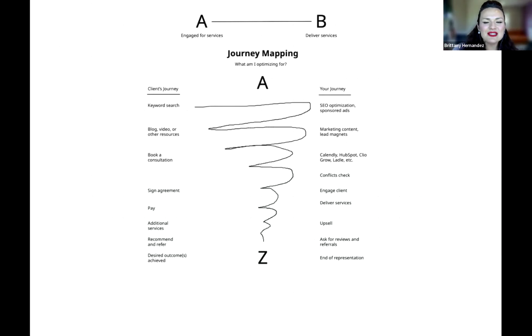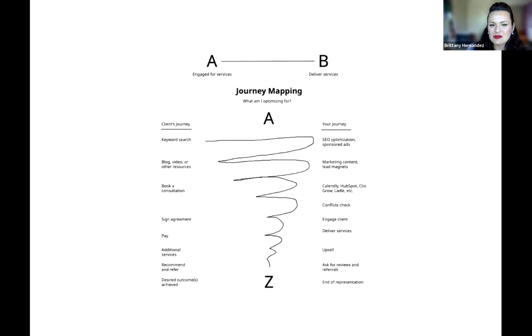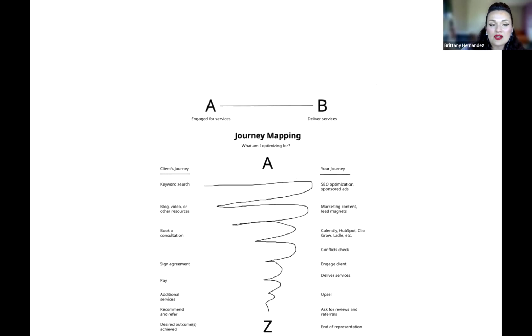Perfect. So the reason why I think about it as a spiral is when I first thought about how we can think about journey mapping for this first section, maybe you might conceptualize, or maybe I conceptualized, serving a client as going from point A to point B. A customer engages me for services, and then I deliver those services, A to B, right?